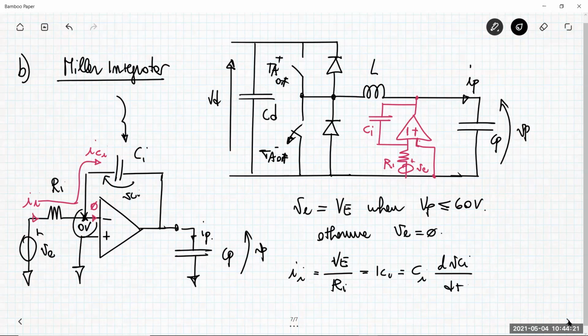Since this node is at the potential of the reference, and this node is connected to VP, we can say that VCI is negative VP. So this is CI times the derivative of VP over dt.